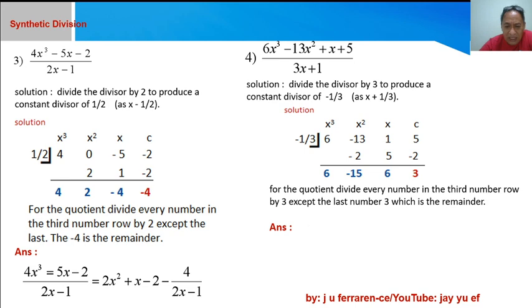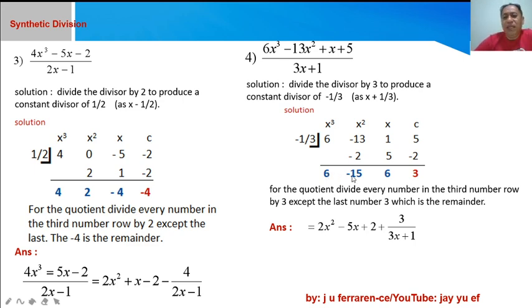The quotient will start with a result when you divide by 3. So, 6 divided by 3 is equal to 2. And that is an x squared term because x cubed is divided by x, or a first degree expression here. So, the quotient will have a degree which is 1 less than the dividend. So, we have 2x squared from 6 divided by 3.